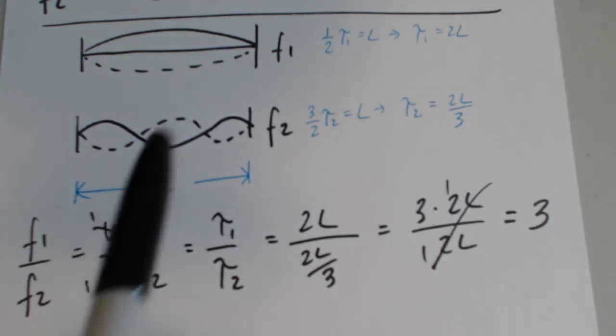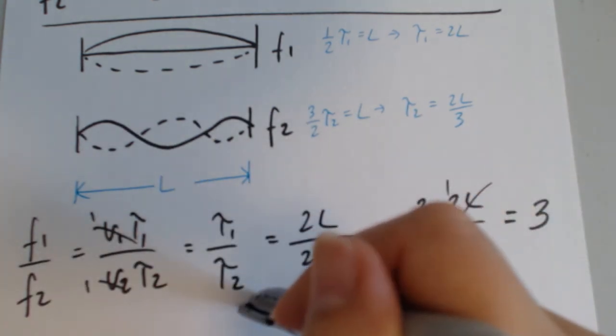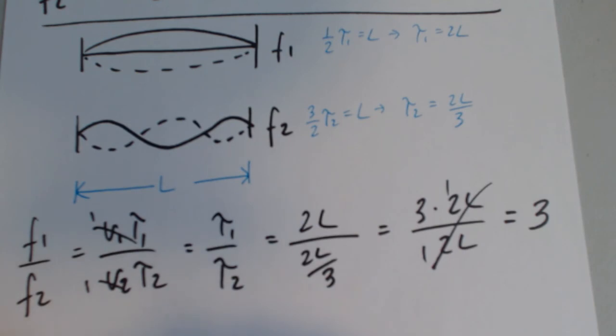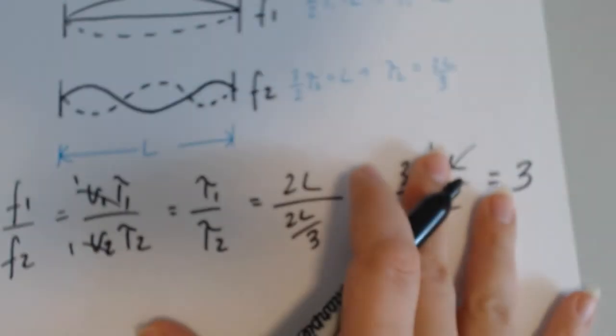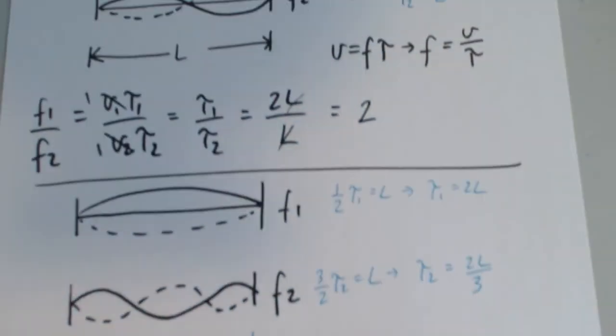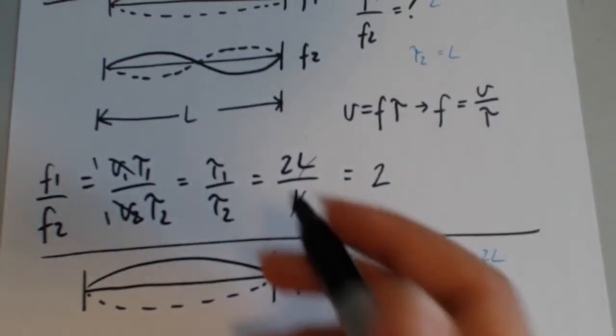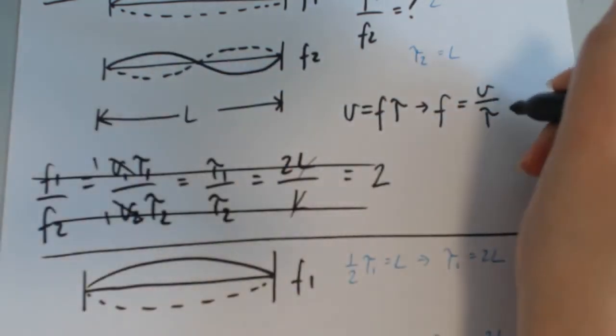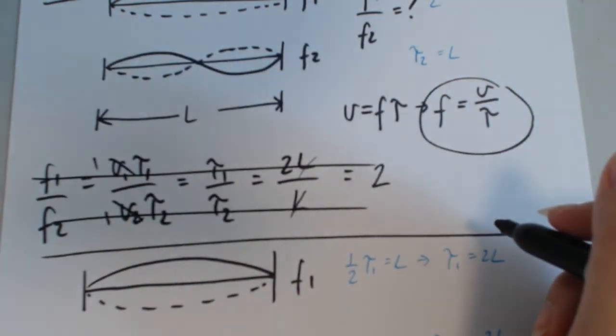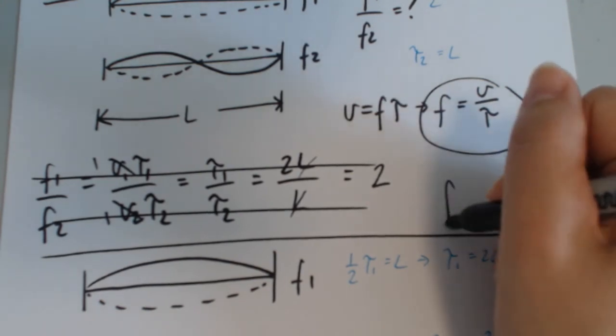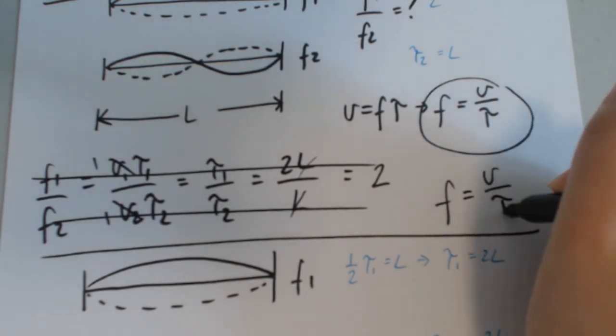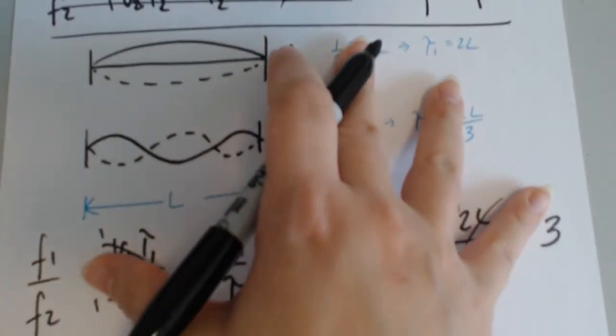So F1 over F2 is equal to lambda 1 over lambda 2 because, oh, you know what? Gosh, what a silly error. I apologize, guys. I found my mistake. And unfortunately, it turns out I did it here too. I apologize, guys. This was the formula for frequency, so I knew something was up because the answer is not matching. F is equal to V over lambda. Let's just do that quickly.